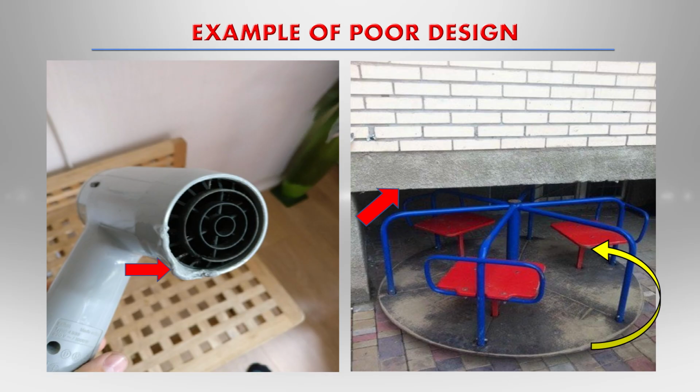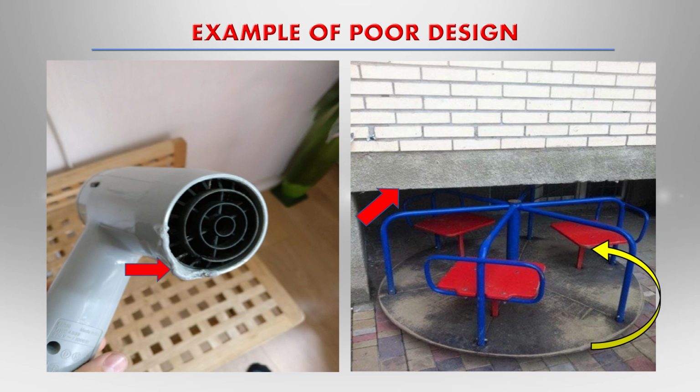In the left hand side picture, you will see that the hair dryer body has melted. This melted body is an example of poor design, because the designer has not taken into consideration the temperature of the body of the hair dryer.